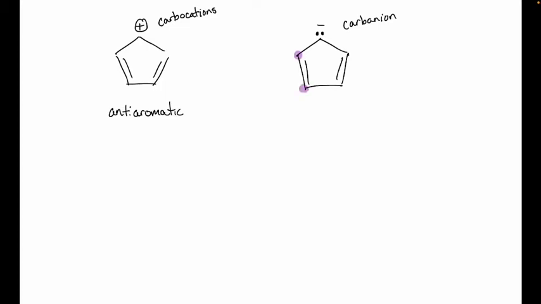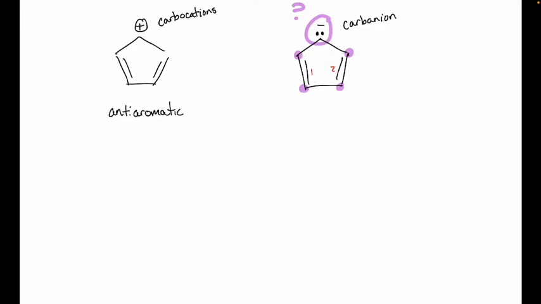Okay? So in this case here, I would say that these are all conjugated with one another, right? They've got that perfect spacing going on. Does this one count? It will only count if it makes that ring aromatic. All right, so this ring as it stands has 2 pairs.